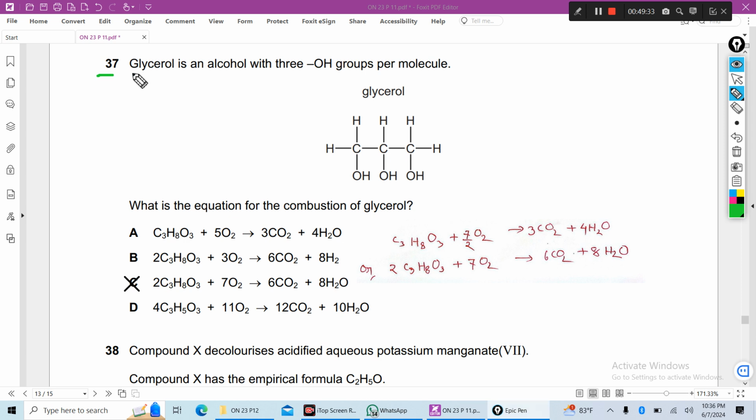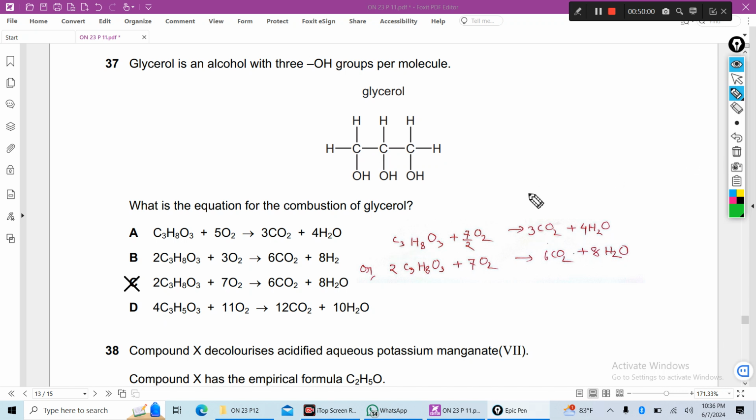(37). Glycerol is an alcohol with 3 hydroxyl groups in the molecule. This is glycerol. It contains 3 alcohol groups. What is the equation for the combustion of glycerol? If you write this formula, 3 carbon C3, hydrogen 8, oxygen 3. If you burn it in oxygen, it produces carbon dioxide and water.